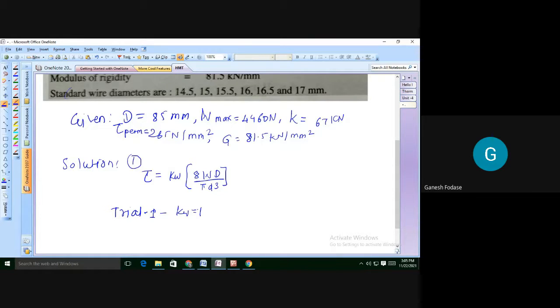If KW is equal to 1, then put the value of KW as 1, put the other dimensions here, and get the value of d. Tell me how much d is.